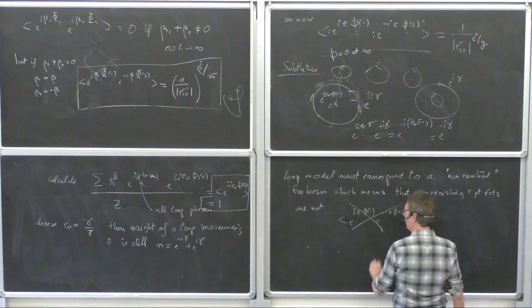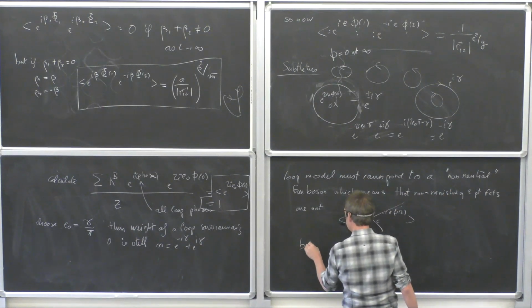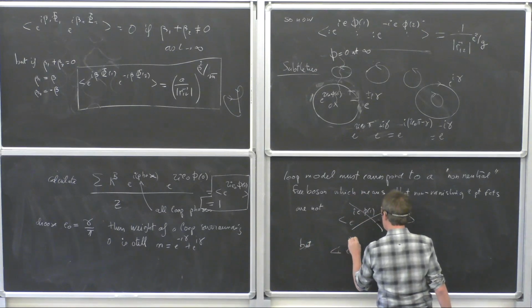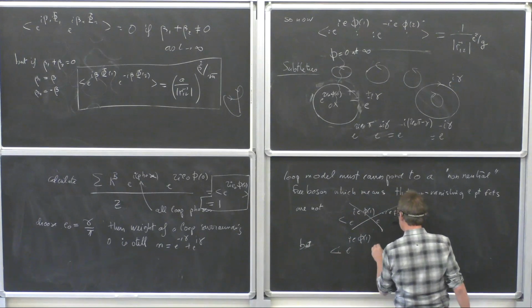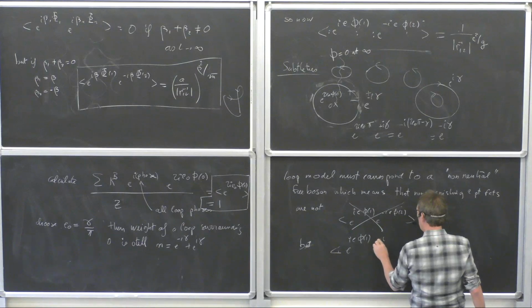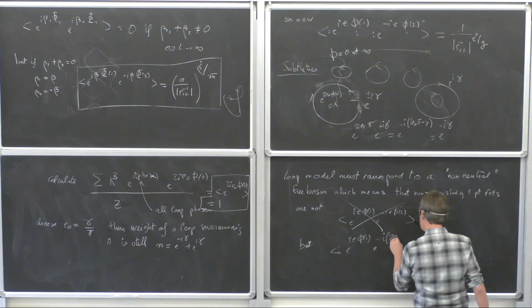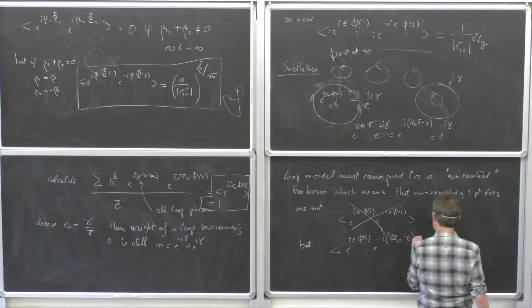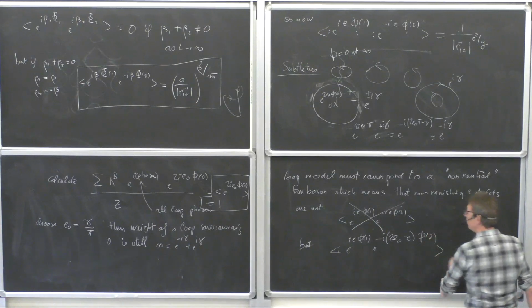Nope. They are the average of e to the I e phi of 1 e to the I (2e0 minus e) phi of 2.